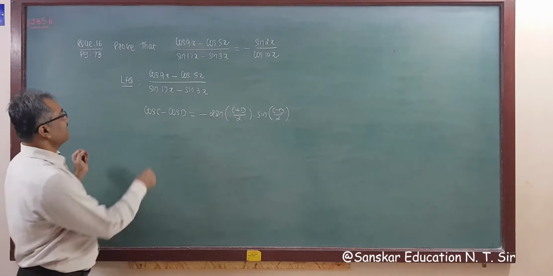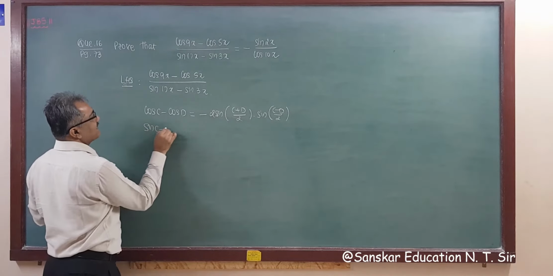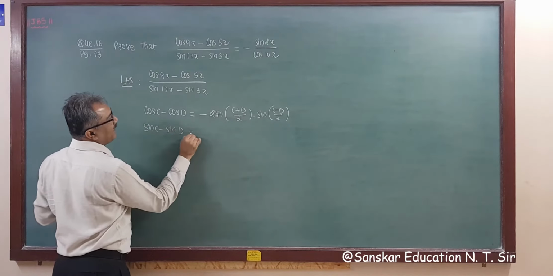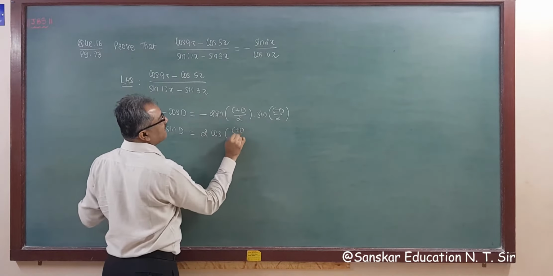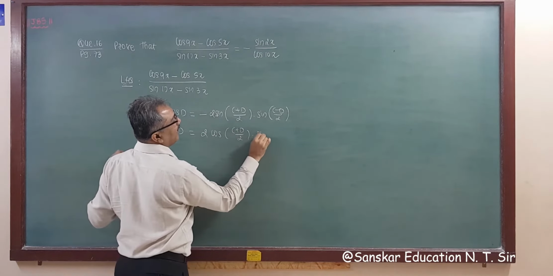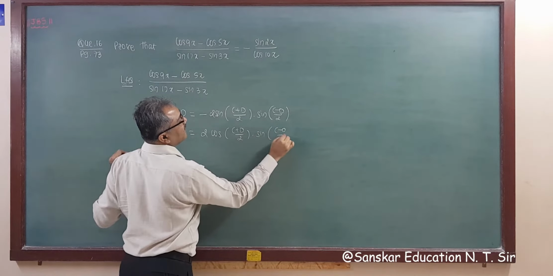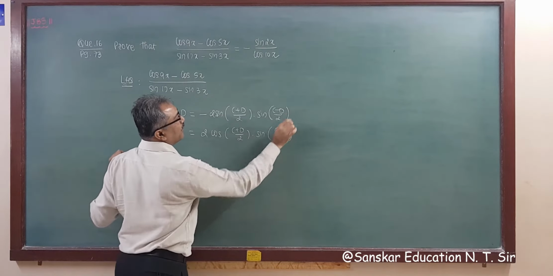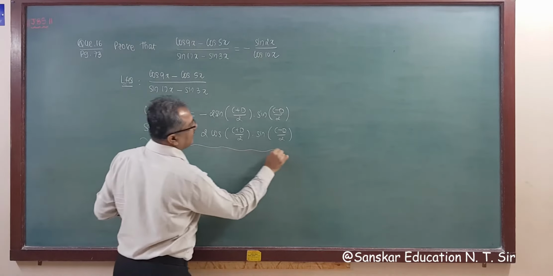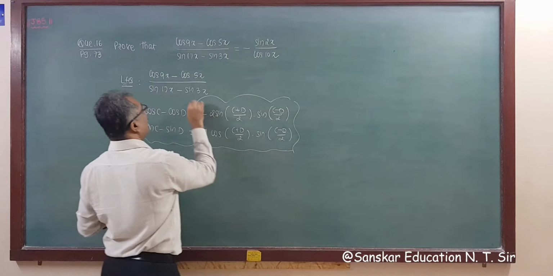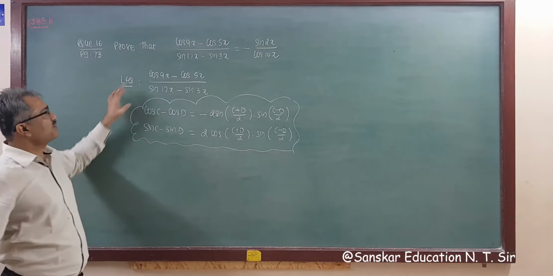That is the dangerous formula that you know. And sin C minus sin D is equal to 2 cos (C plus D) by 2 into sin (C minus D) by 2. So this is the formula which you have to apply to solve this.